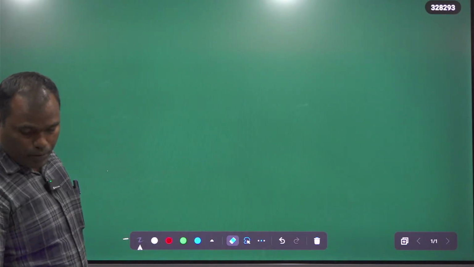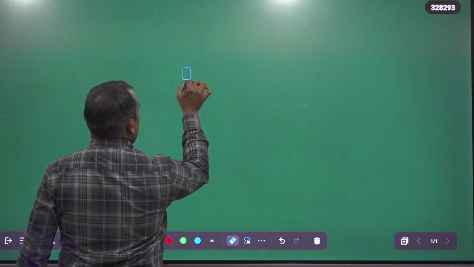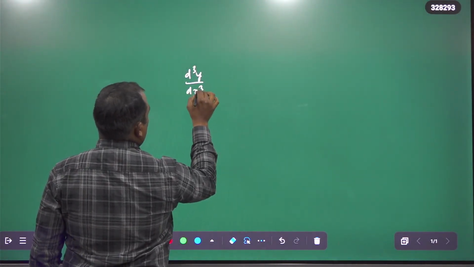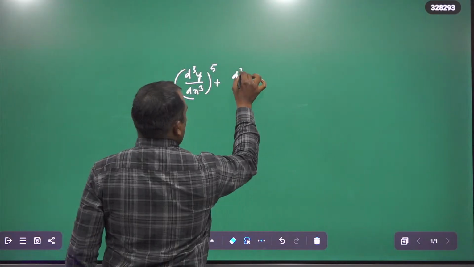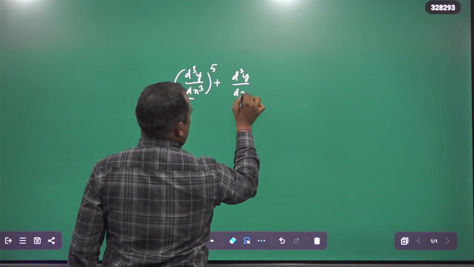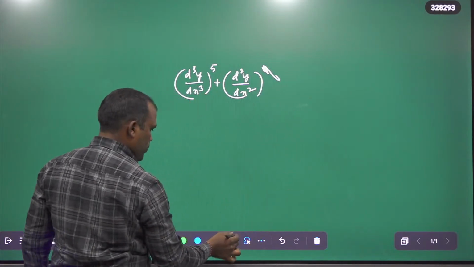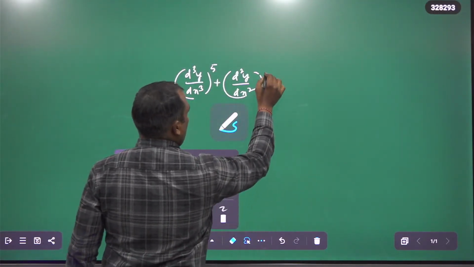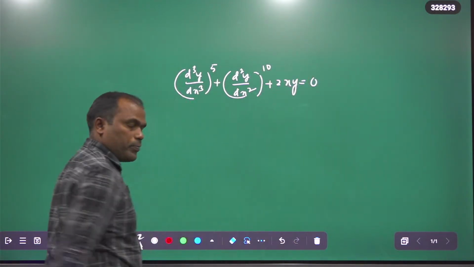See, now d cube y by dx cube, whole to the power of 5, plus, listen carefully, d square y by dx square, whole to the power of 10, plus 2xy equal to 0 is given.